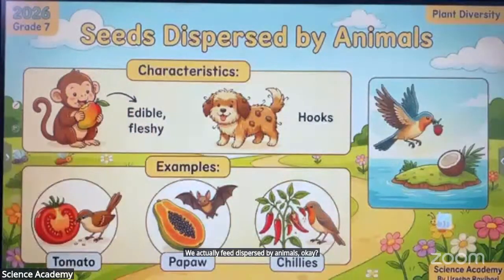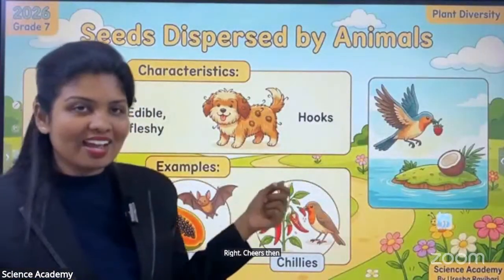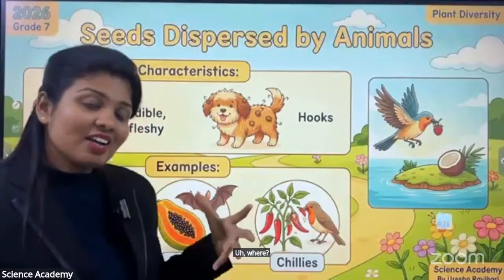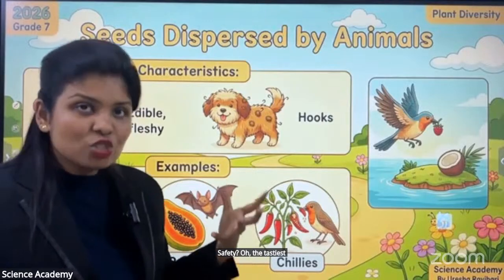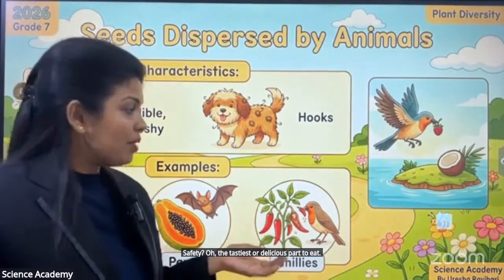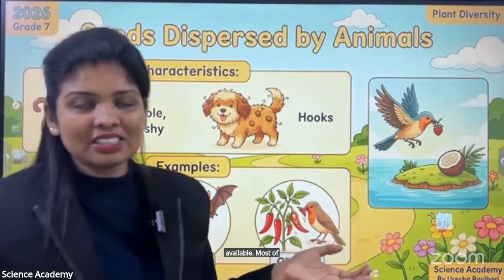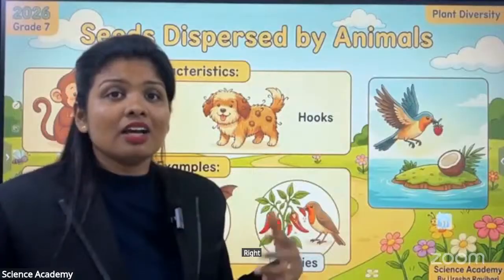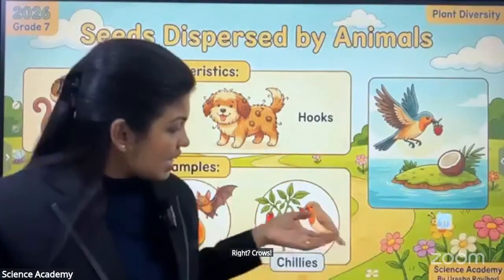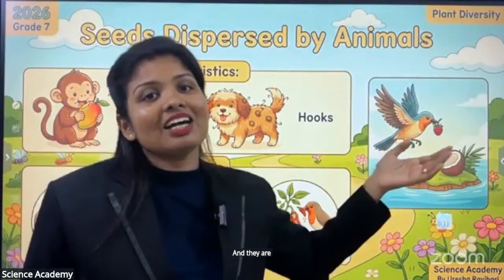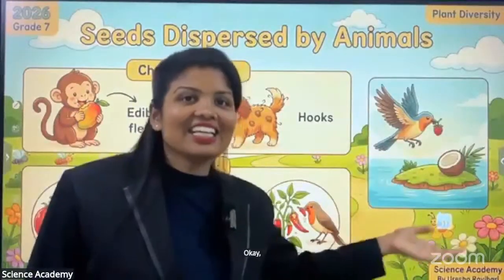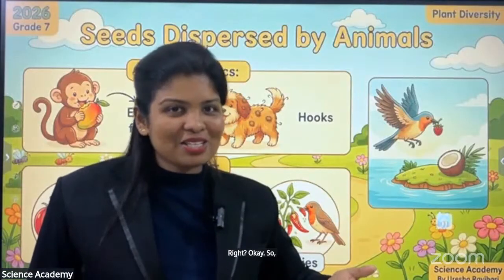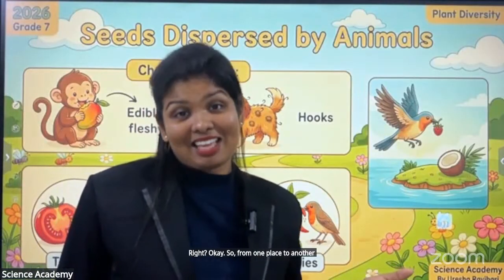Children, you know, when a tasty or delicious part to eat is available, most of these foods are eaten by animals, crows and others, and they are taking them away from one place to another place.